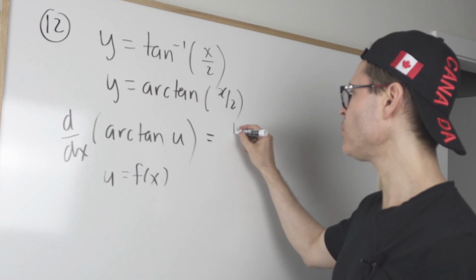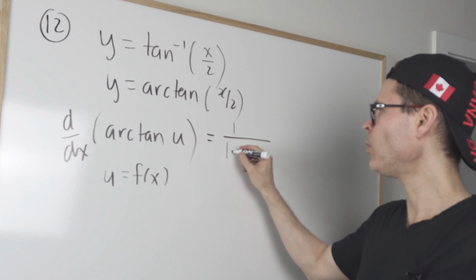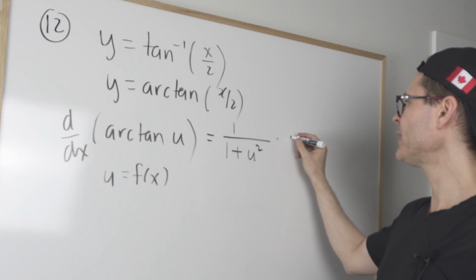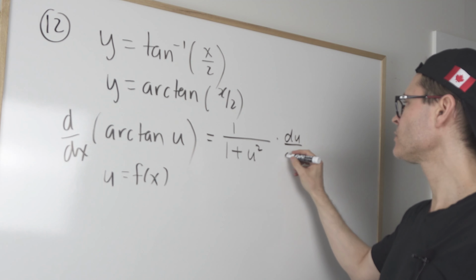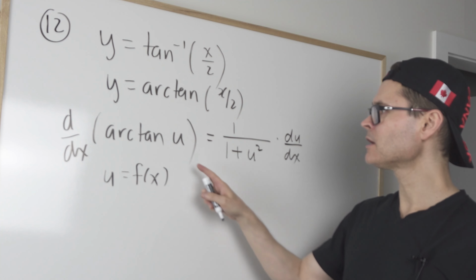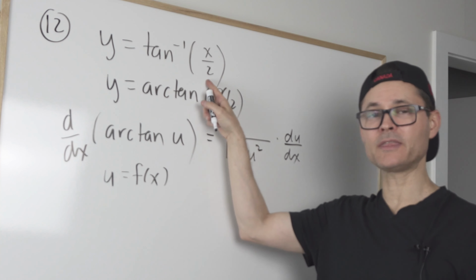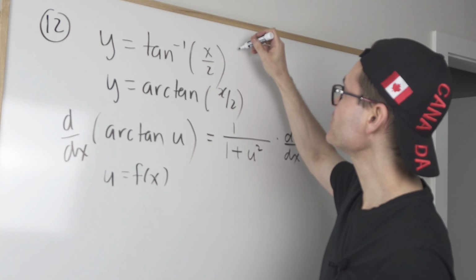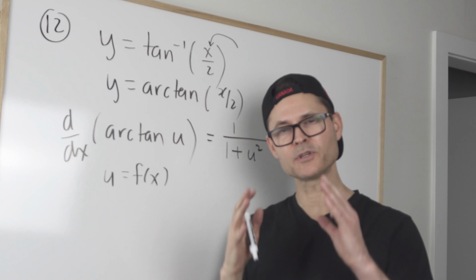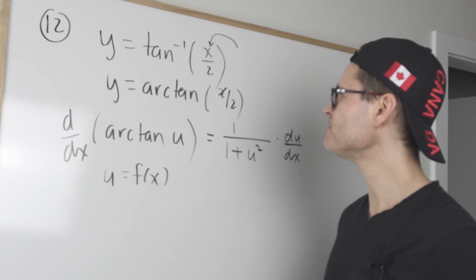That's going to be equal to 1 over 1 plus u squared multiplied by du dx, in cases where you're dealing with something that has an inside function. So for the chain rule for arctan, whatever is being arctan'd is the inside function.